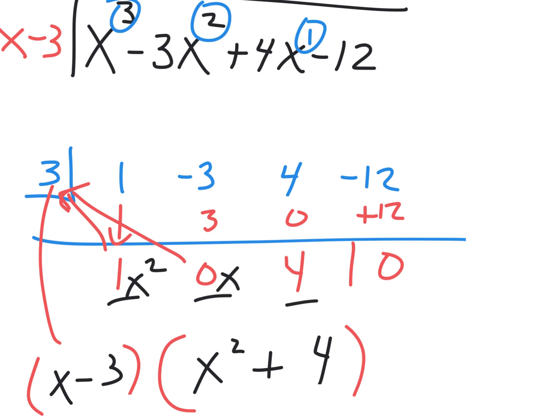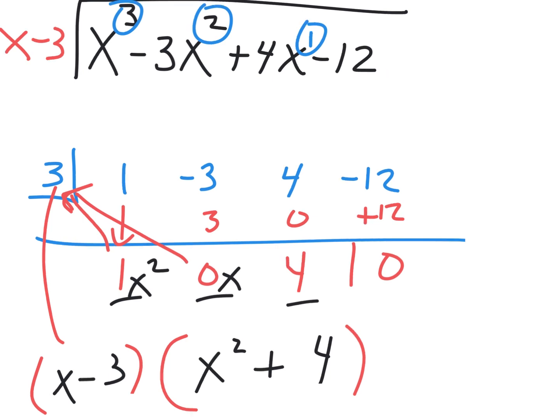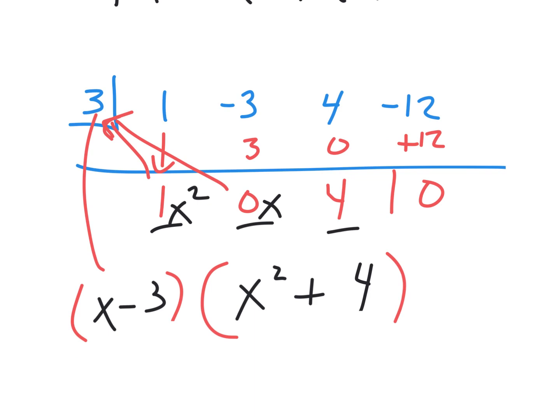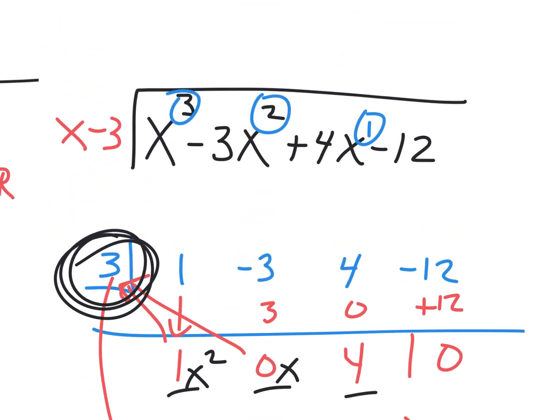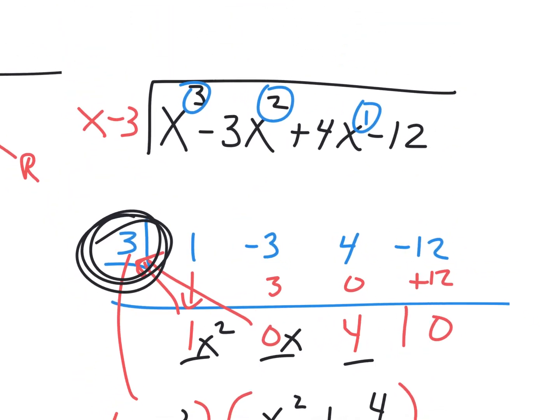So, any questions? We just factored something that was kind of hard with synthetic. You with me? See how that worked? But what if I don't tell you this number? I'll show you on this problem how we could have known what the possible things are that we can check.